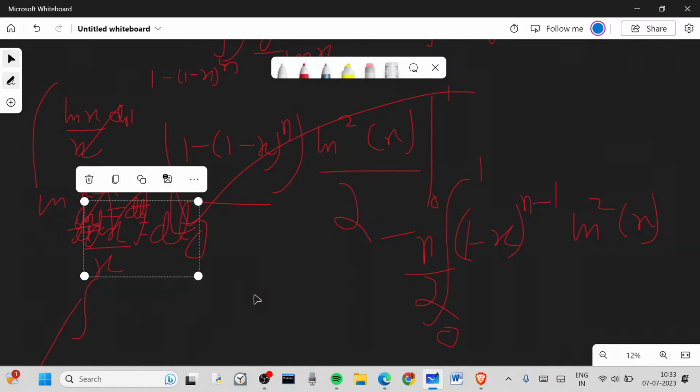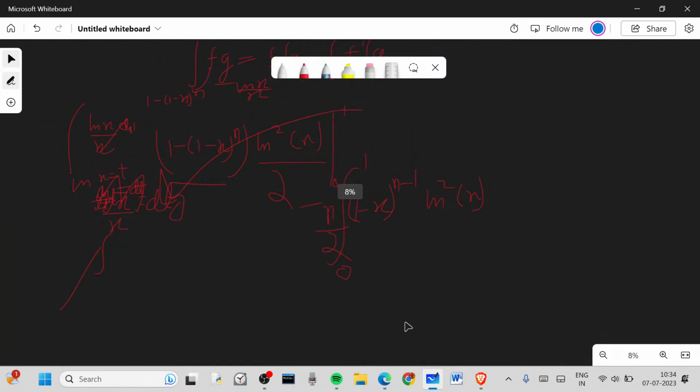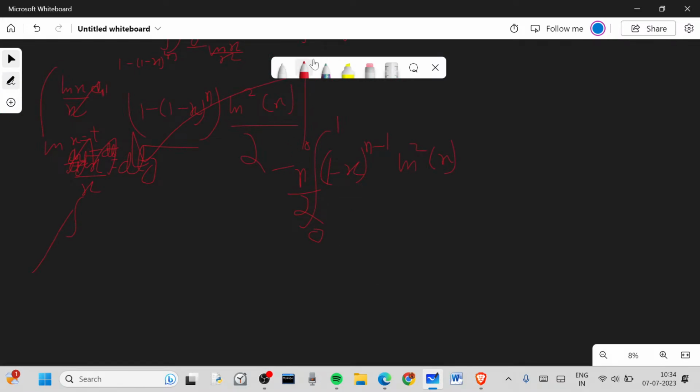You can even prove it by the slow and fast theory, but I really don't want to prove it. Please leave me. So it's minus n by 2 times the integral from 0 to 1 of (1 minus x) to the power n minus 1 times ln squared x.